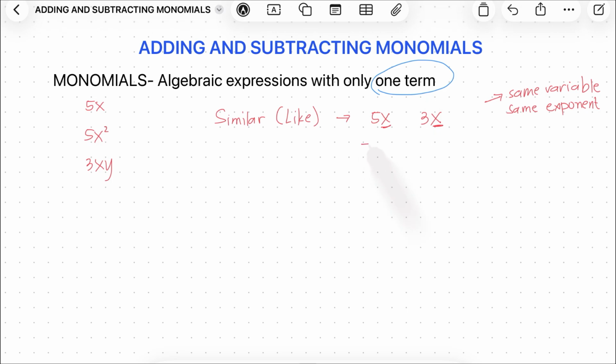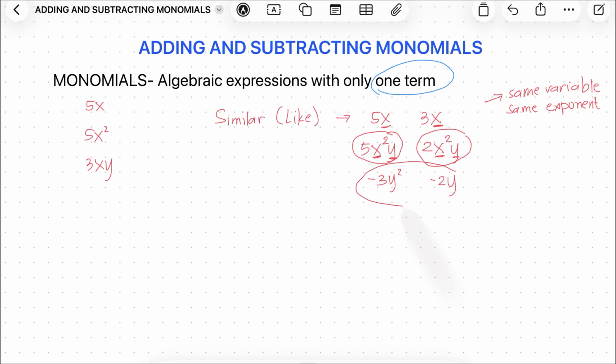What else? Let's say 5x squared y and 2x squared y. If you take a look at this one, the x has an exponent of 2, and on the other side, the y has the same exponent as well. Therefore, this is similar with this one, right? Another example, let's say negative 3y squared and negative 2y.